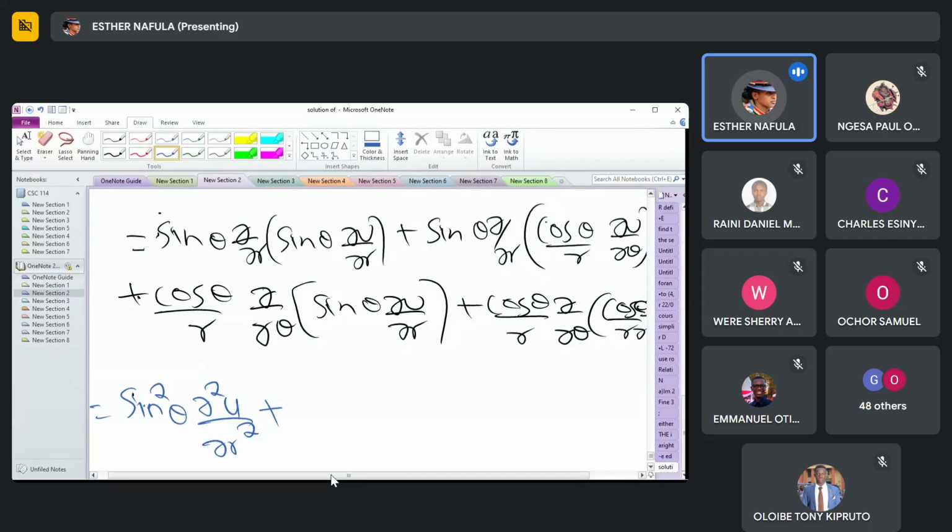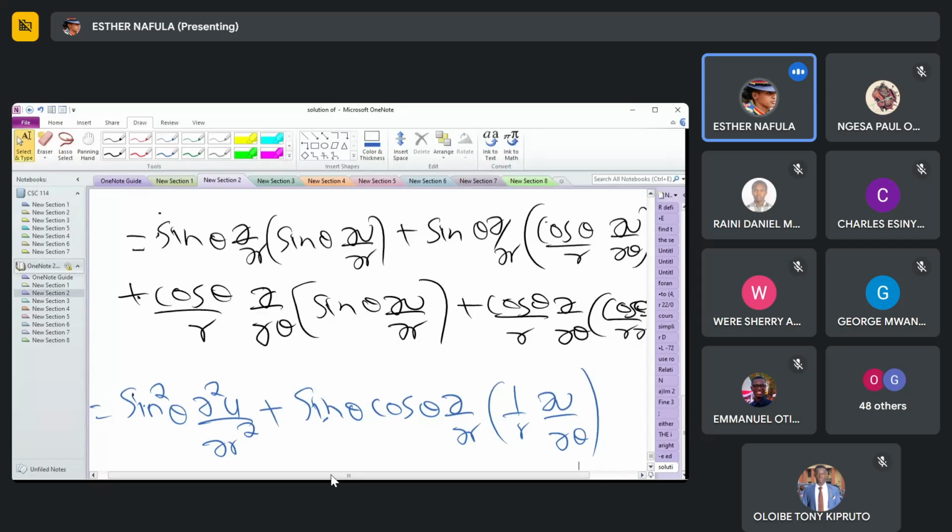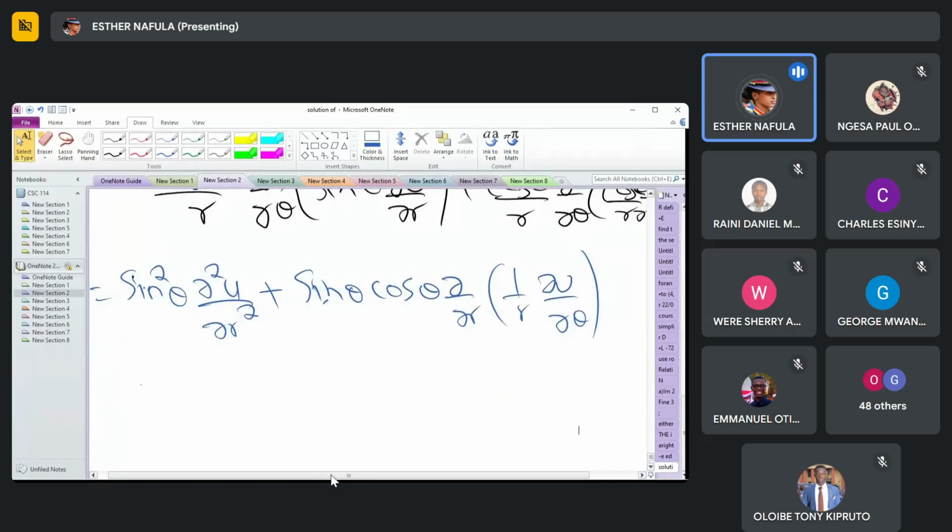What do we factor out? Cos theta. Factor out cos theta. So here we have sin theta cos theta, partial r of 1 over r partial u partial theta. From the third bracket, what do we factor out?